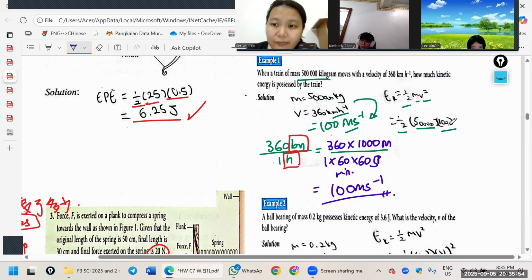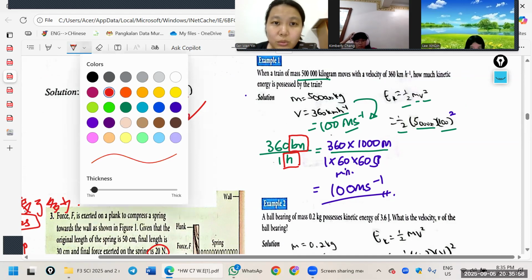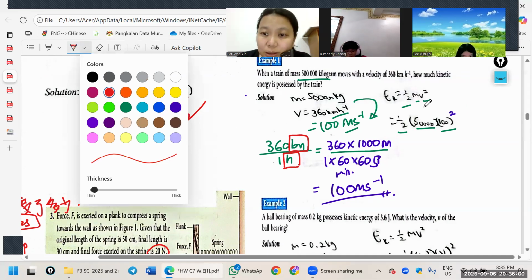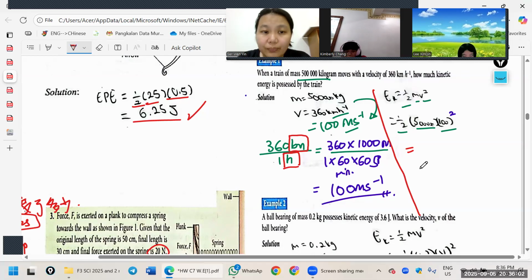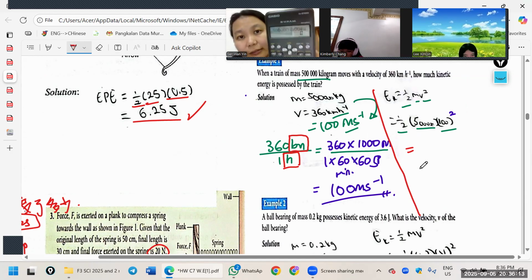Then half mv square. 哎呀，怎么这个没有做？Then you press that. Half times m times v squared. Now half mv squared.